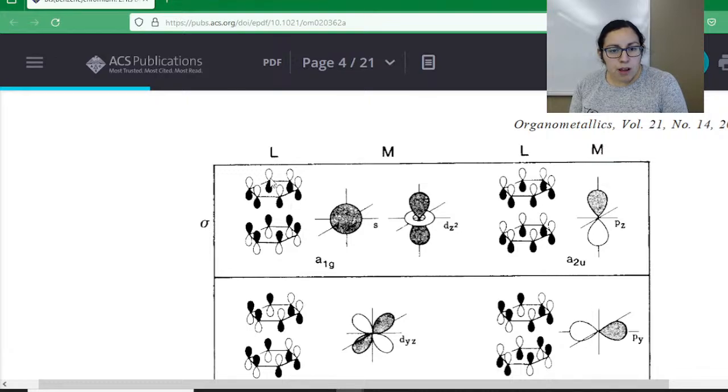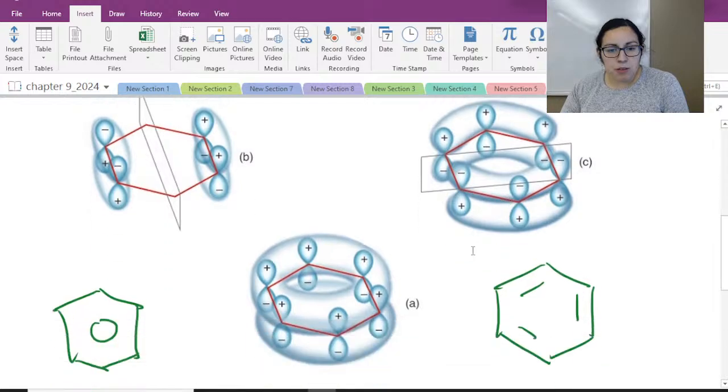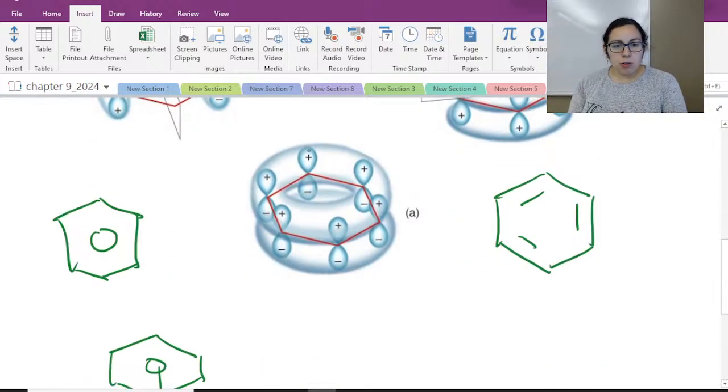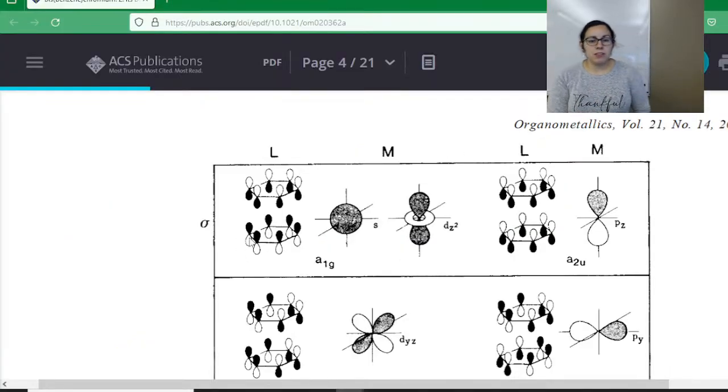And so these are our pi orbitals. So we mentioned our p, what are we calling them, PZs? So these are all our p orbitals. And so just like this one, they're all in phase. And so this is the most symmetric combination where it has no nodes. So they're all the same phase. And so this is a good representation.